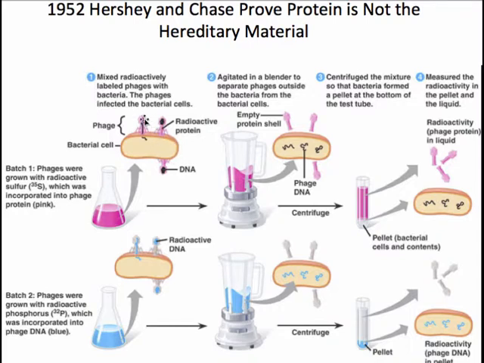And what they did then was allow these radioactive phages with their labeled proteins to mix with the bacterial cells to infect them. And then they blended the bacterial cells so that they could knock off all of the phages that would be attached to the cells. Then they centrifuged the cells to pellet the bacterium, and they got rid of all of the supernatant that would have had the excess phage proteins.